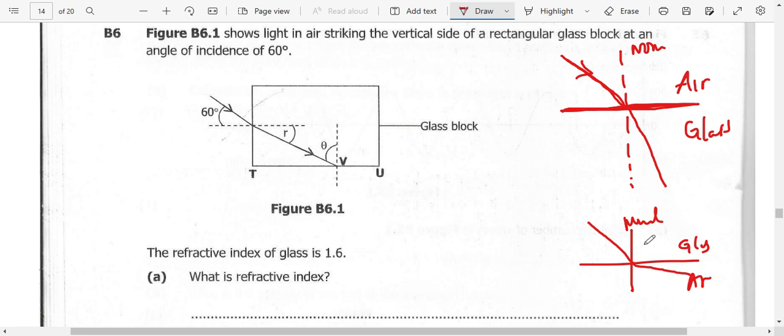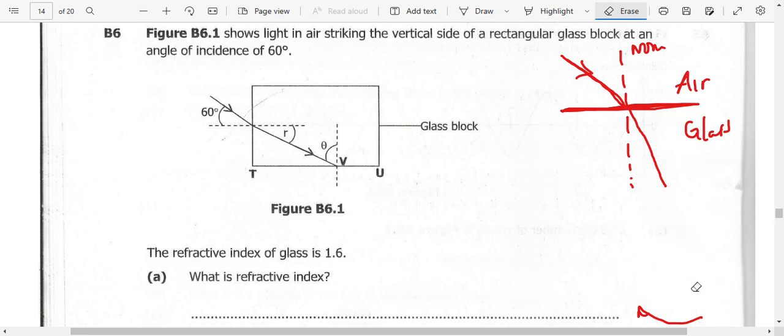So when you are coming from something which is more dense to something that is less dense, light is going to be refracted away from the normal. But when it's coming from a less dense region like air to glass, it will be going towards the normal, which is this one. Is that okay?